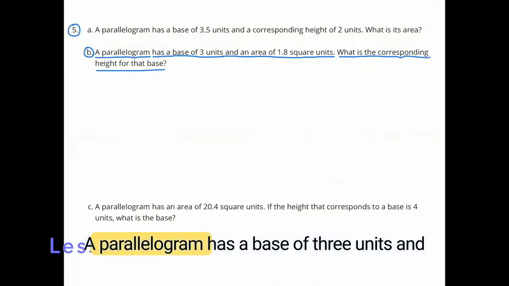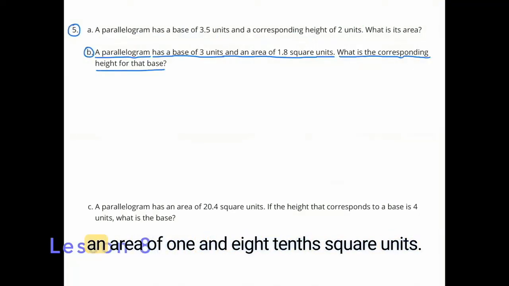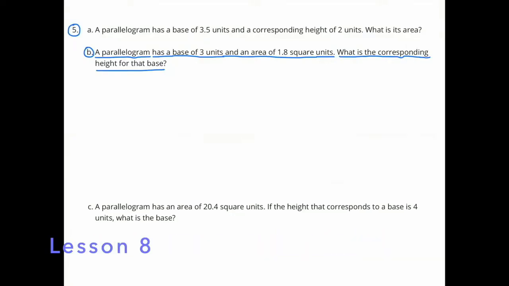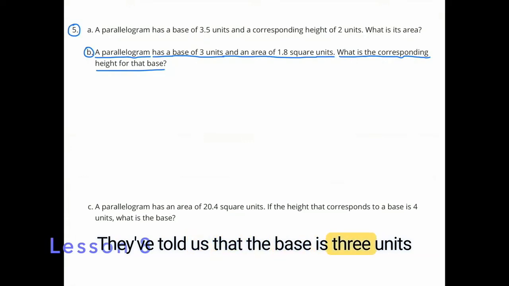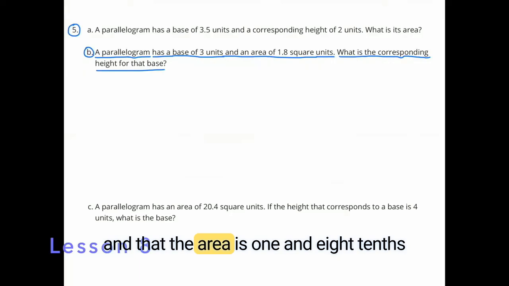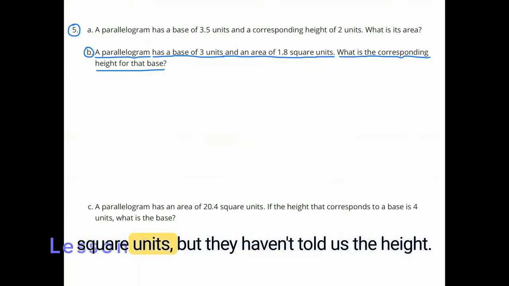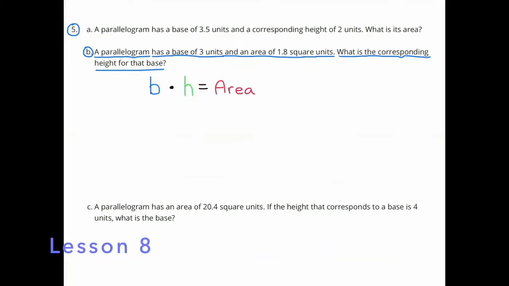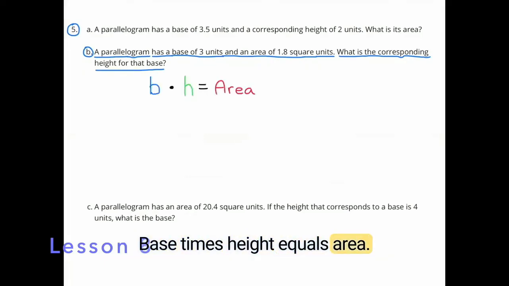B. A parallelogram has a base of 3 units and an area of 1 8/10 square units. What is the corresponding height for that base? They've told us that the base is 3 units and that the area is 1 8/10 square units, but they haven't told us the height, so we need to figure out the height. Base times height equals area.